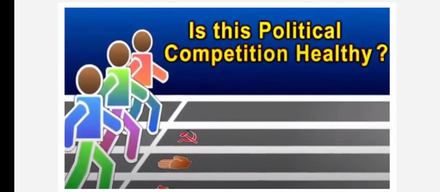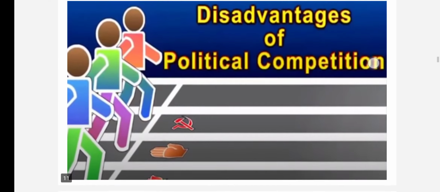Now, how healthy is this competition, children? Well, let's analyze some of the advantages and disadvantages of an election as a form of political competition. Let's focus first on the disadvantages.